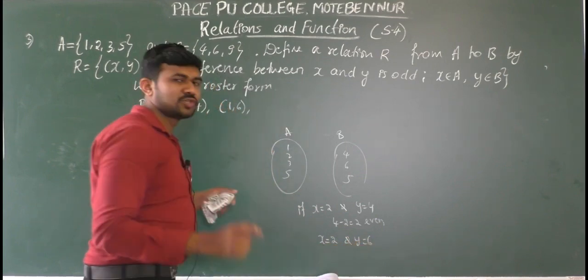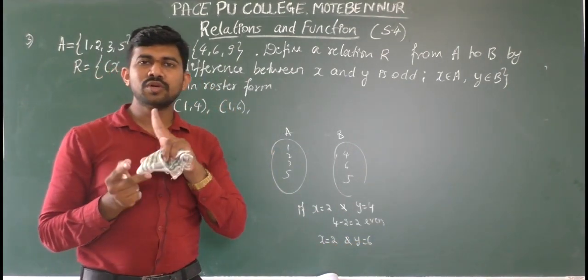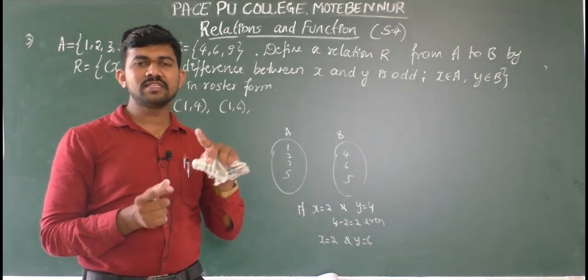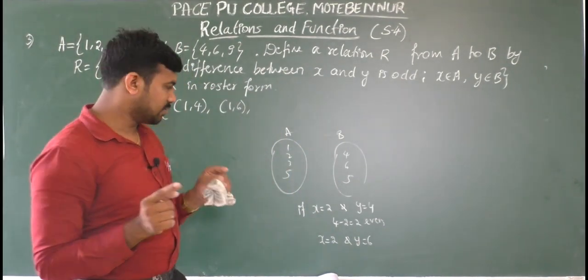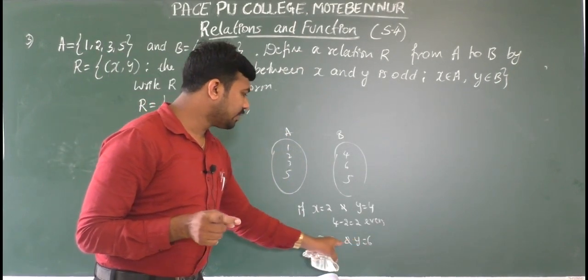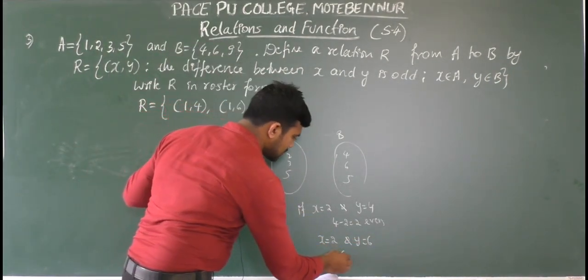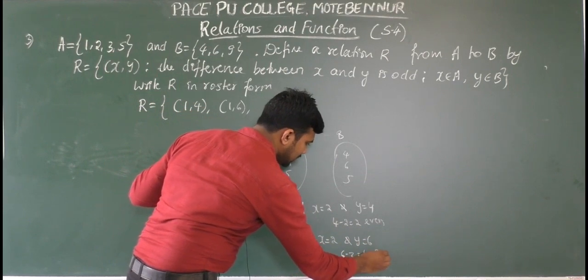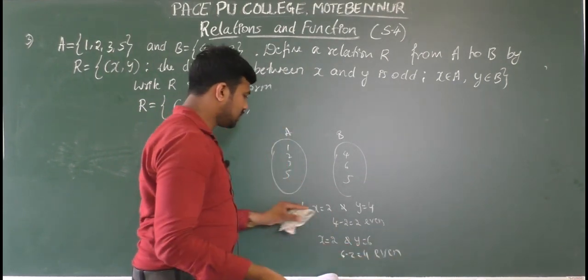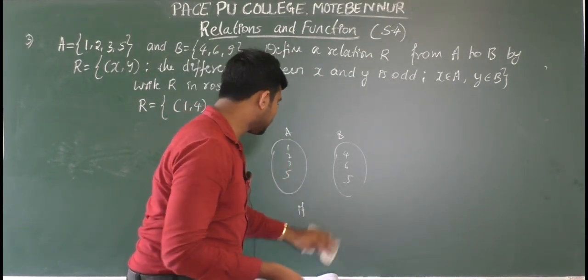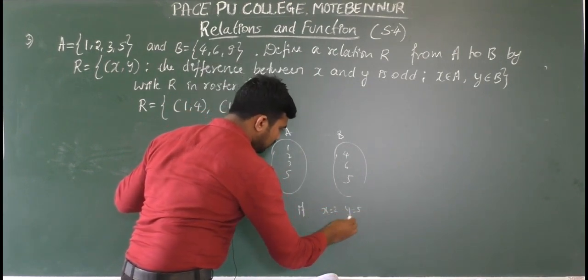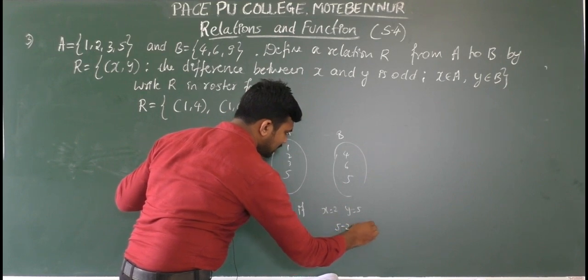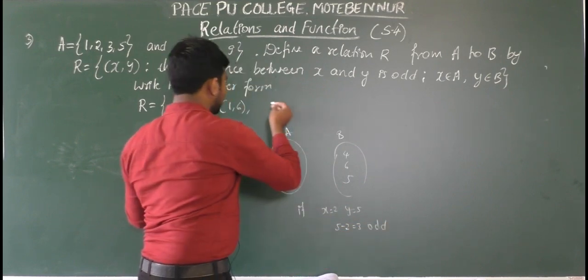We should always know the difference of two even numbers is even, and the difference of an even number with an odd number is odd. So here 6 minus 2 is 4, it is even. Next we take x is 2, y is 5. Now 5 minus 2 is 3, so it is odd, so we can take that element here.